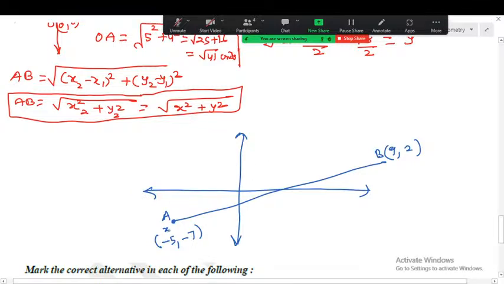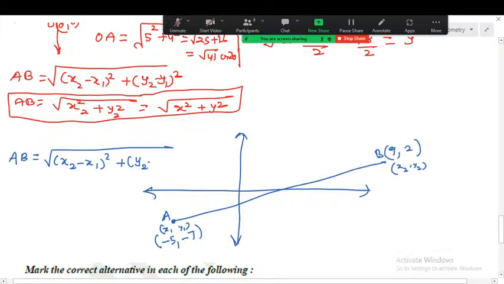Yes, you can, because you have a very interesting formula: x2 minus x1 square plus y2 minus y1 square, right? Yes, exactly. You can consider the first coordinate as x1, y1 and the second coordinate as x2, y2, and then use the distance formula as mentioned above, x2 minus x1 square plus y2 minus y1 square.